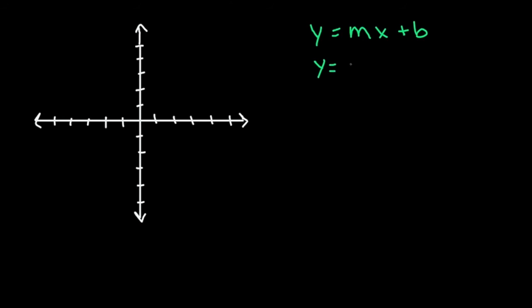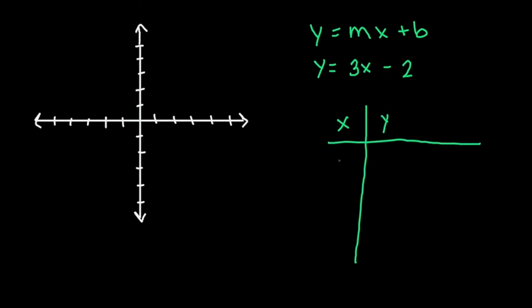Say I'm given y equals 3x minus 2. With this equation, the other way to graph, instead of finding your y-intercept and doing the rise over run, is to start plugging in any number for x to find your ordered pair. So let's say I have x equals 0.